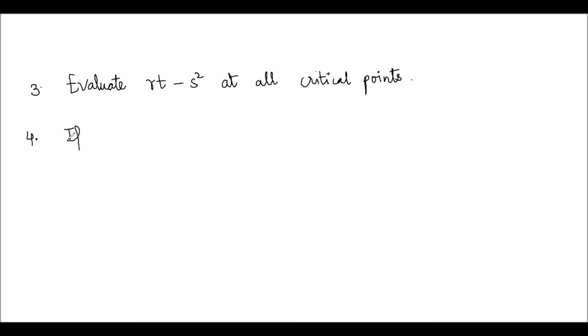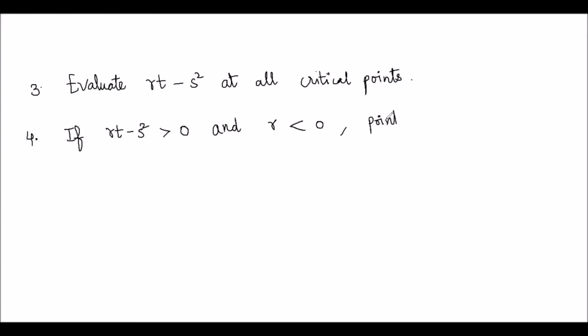If this rt minus s square is greater than 0 and this r is less than 0, then the point is the point of local maxima.